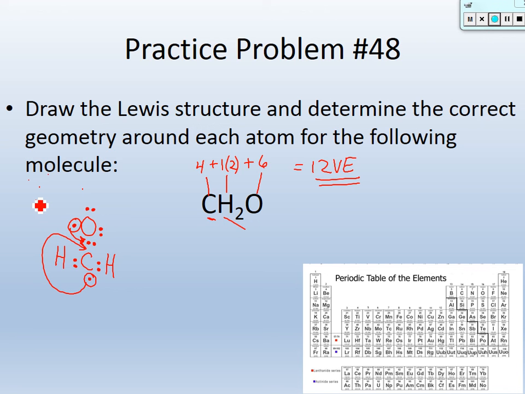Okay. So let's redraw this so that it looks a little cleaner. Okay, so we got this going on. And now instead of one shared pair between the carbon and the oxygen, we have two. Do I still need these lone pairs right here? Yes.